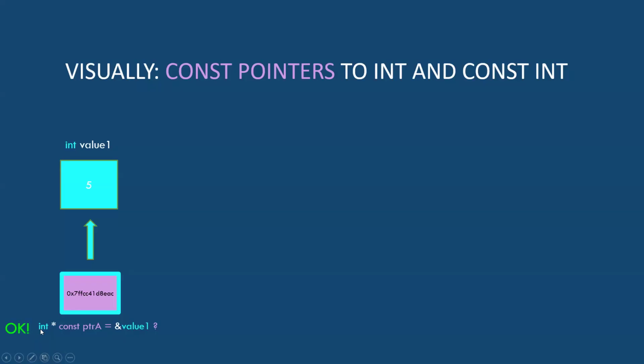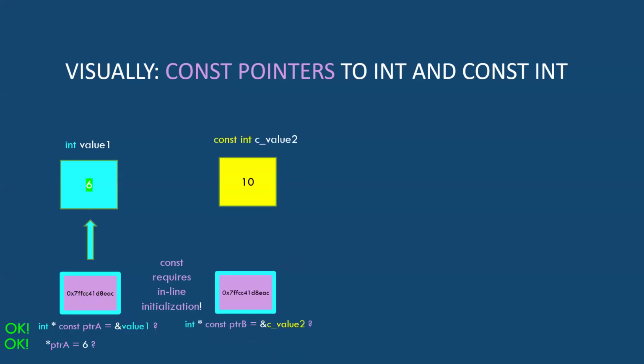But it's not the value that we're making const, it's the pointer. So we're saying you can change this data, you just can't change this pointer, okay? So that works. Now I can say PTRA gets 6. That actually works, right? And you might think, wait, it's const. Well, I can't bend that pointer to point to some other variable, okay?